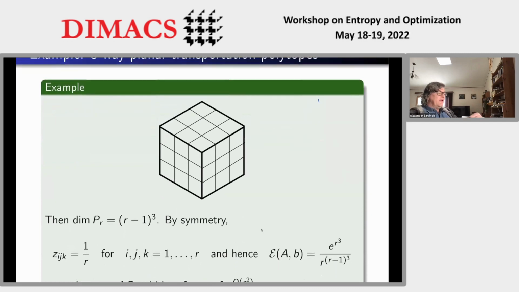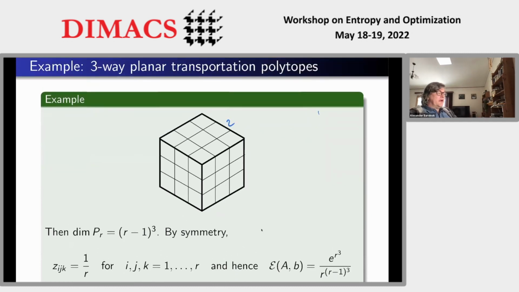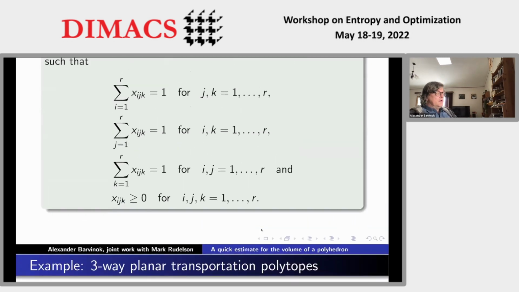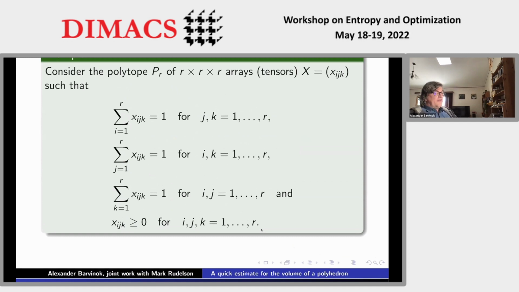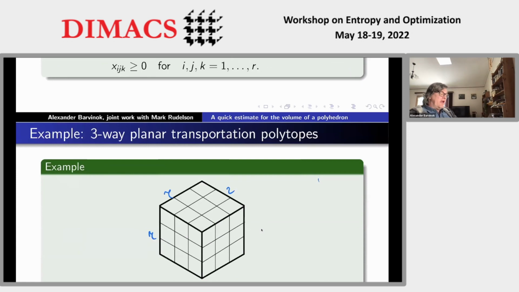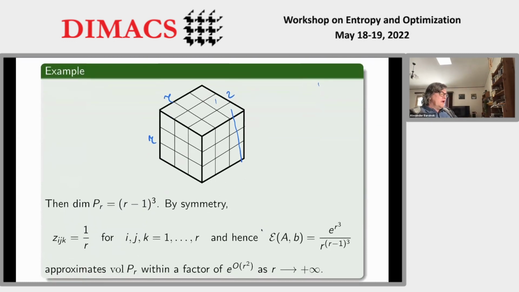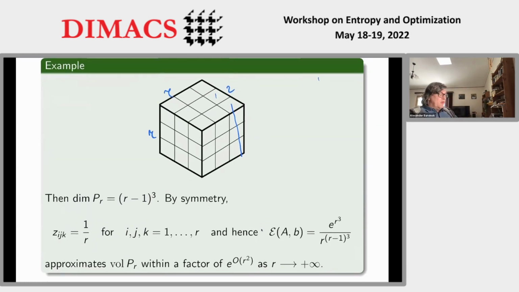So now you have cubic arrays, R by R by R, and you fill them with non-negative numbers such that the sum in every skewer, something that you can push through in every column, row, whatever you call it, I prefer to call it a skewer, is exactly 1.